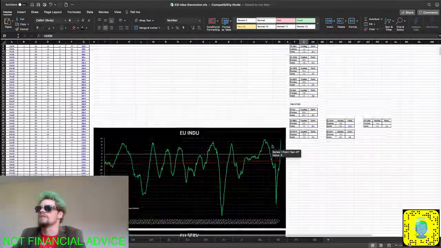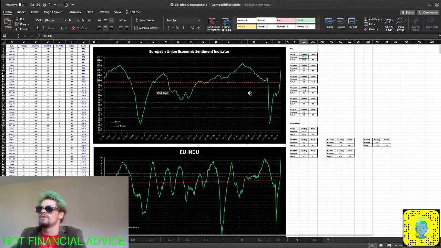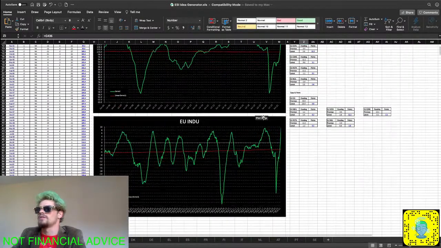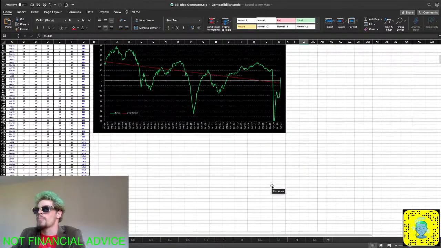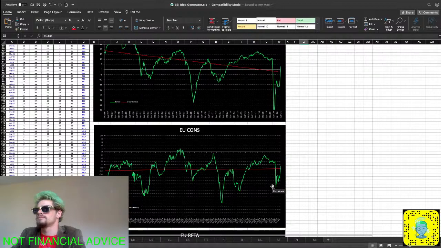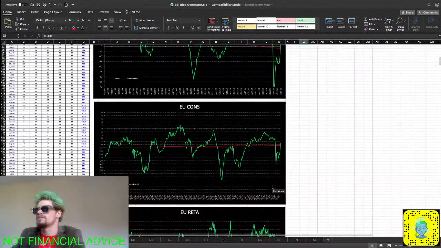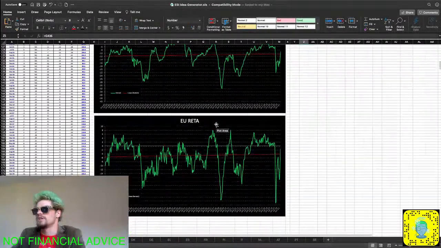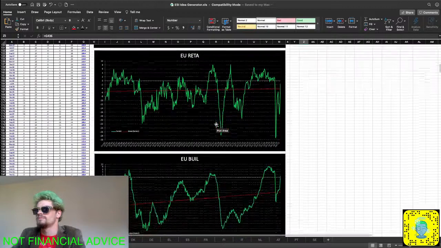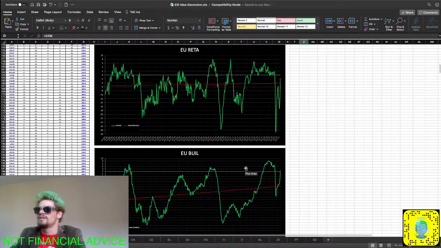This component, at least, of the European economic sentiment indicator looks better than it normally does. Consumer sentiment looks good. Retail trade looks good. I looked at the data this morning and pre-market, everything just looked really good for the European Union.